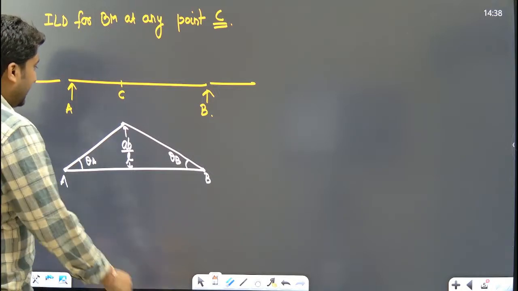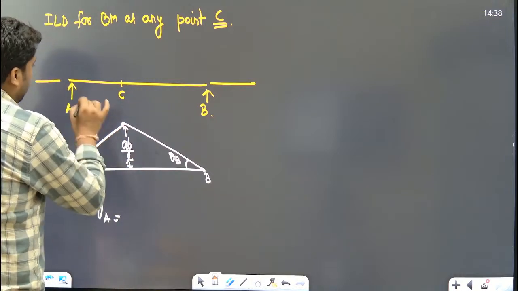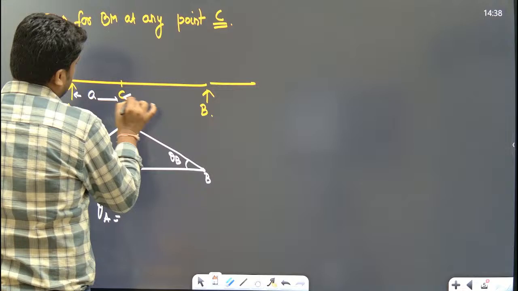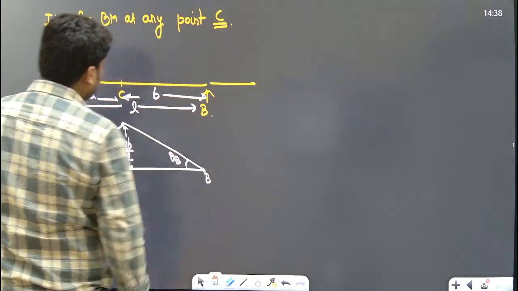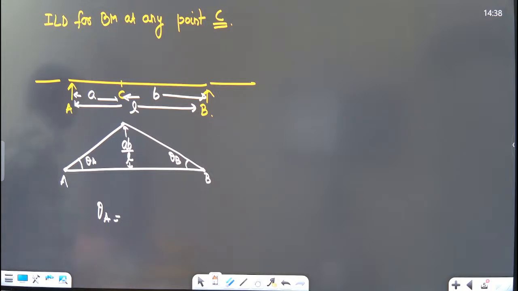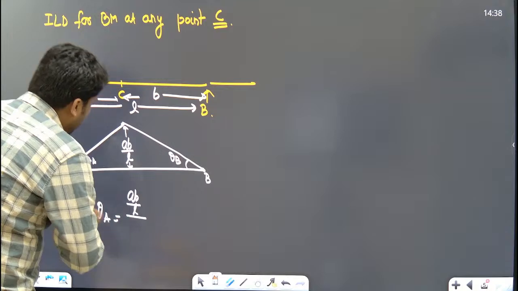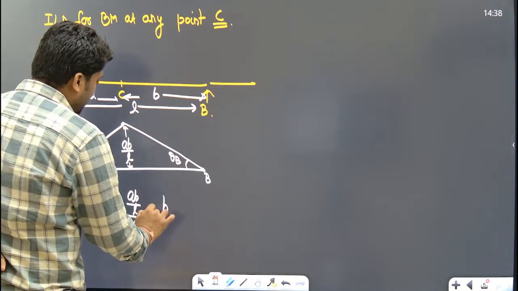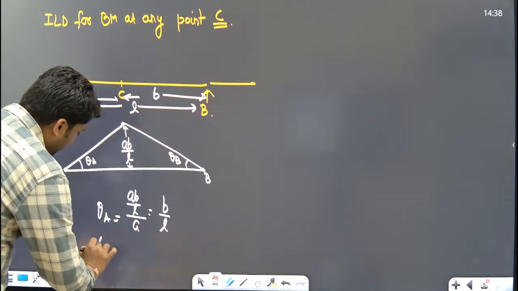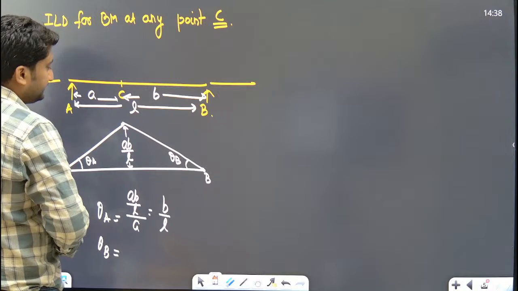Now what is theta A and theta B? Theta A will be equal to perpendicular by base, AB by L upon A, where this distance is A, this distance is B, and the total distance is L. So theta A is equal to B by L. What is the slope of the influence line diagram at B?